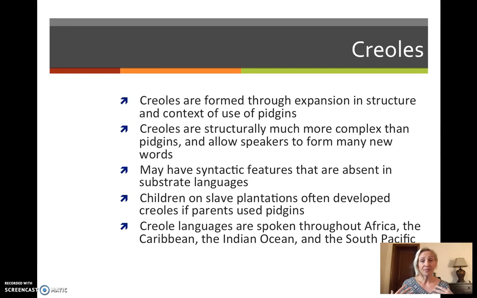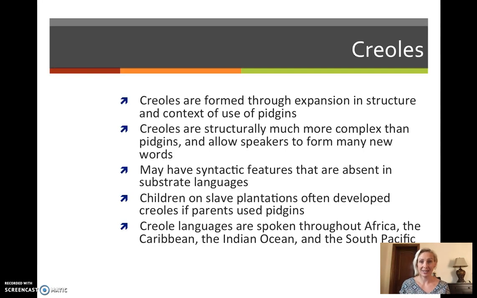And of course, this usually happens when children learn a pidgin. So adults will speak a pidgin and it will never develop as a creole. But when children are born in that context, when they hear pidgin around them all the time, then they listen to pidgin as their first language, they actually add complexity.